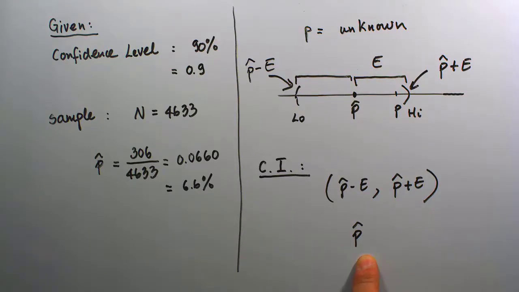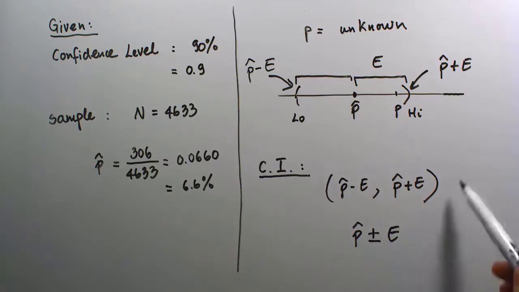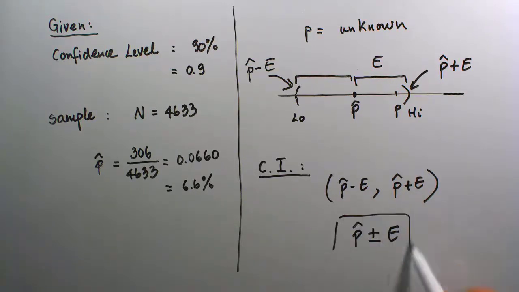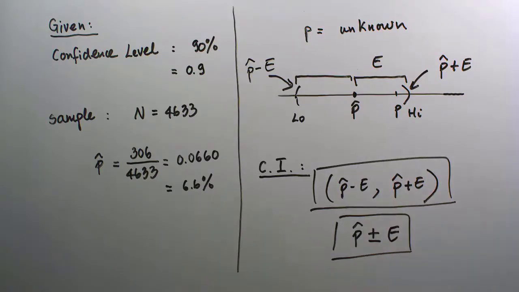The interval can also be expressed as p hat plus and minus the margin of error. So these are two different ways we can express our confidence interval.